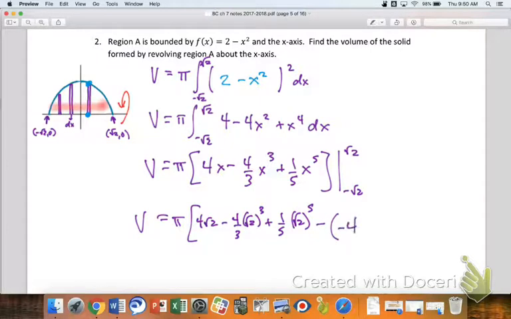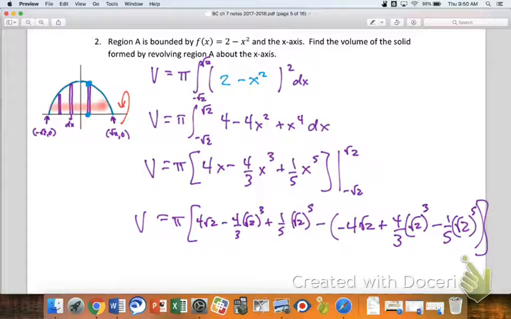It'd be negative 4 root 2, oops, that's supposed to be a root 2, and it ended up being plus 4/3 root 2 cubed, and then minus 1/5 root 2 to the 5th. I think I did all that right. Make sense? I multiplied out the minuses and got them in the places I wanted.